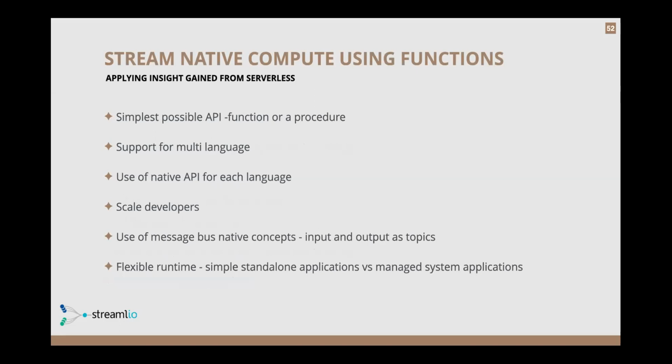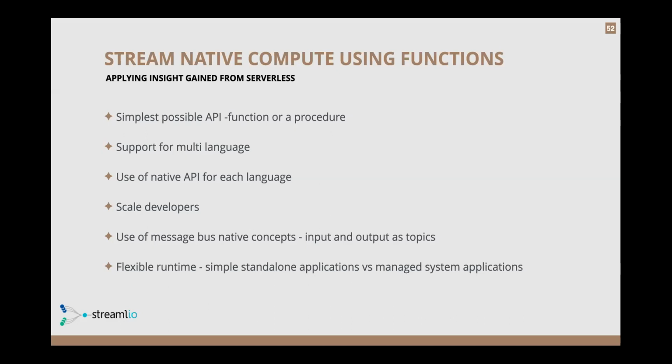Instead, Pulsar Functions is your stream native computing using functions. You can use the simplest possible API to expose to the broadest audience of developers. You want this to be simple to write. Anybody, a computer science 101 person, can write these sorts of things. You want to provide support for multiple languages, which we do. So Python, Java, Go, we all support for Pulsar Functions. You can also use a native API for each language.